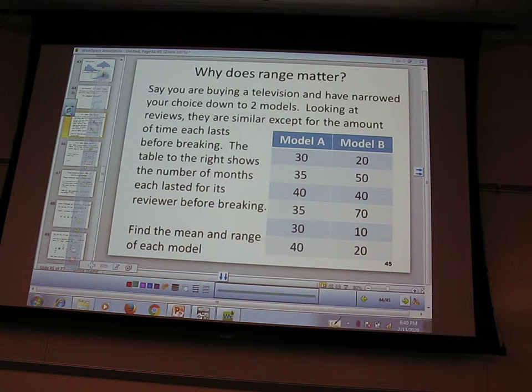It's the difference? Did you get 35 and 10? We need 35 and range 10.